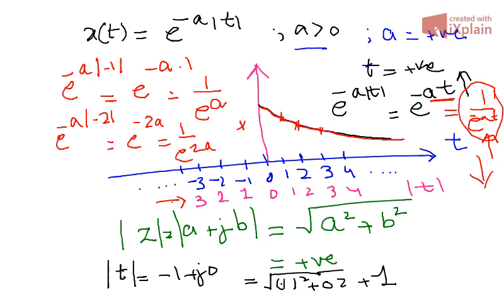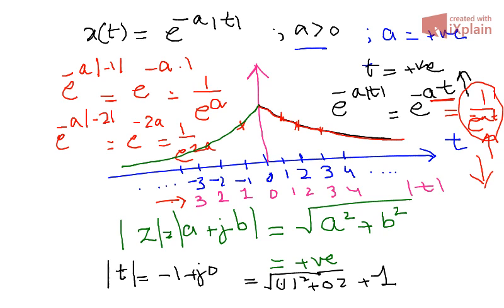This way you can calculate each and every value, and you would see that the denominator increases if t decreases from -1 to -2 and -3. So basically you would get a plot which is decreasing here as well, right? The trend should be the same, so it's just a plot something like this.